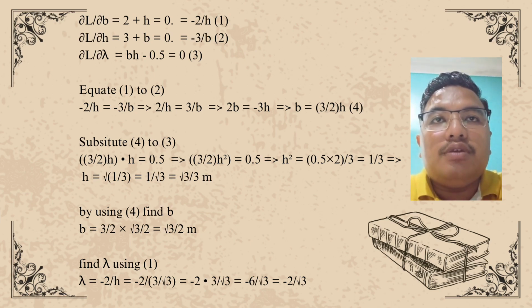By setting the derivatives to 0, we locate the critical point where the cost gradient aligns with the constraint gradient. This gives 2 plus lambda H equal to 0, 3 plus lambda B equal to 0, and BH equal to 0.5. Solving these equations identifies the candidate point for optimization.